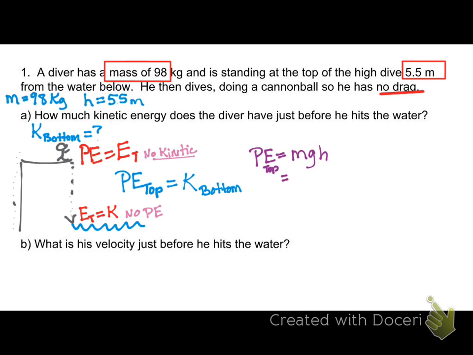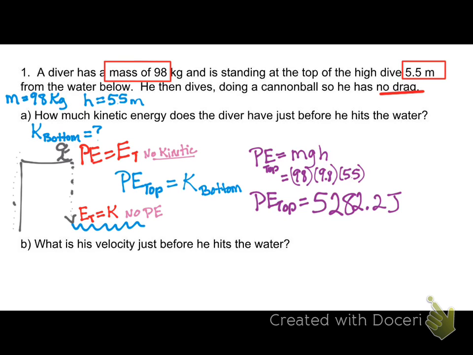So you would have 98 times 9.8 times a height of 5.5, and that is your potential energy at the top, which comes out to be 5,282.2 joules.